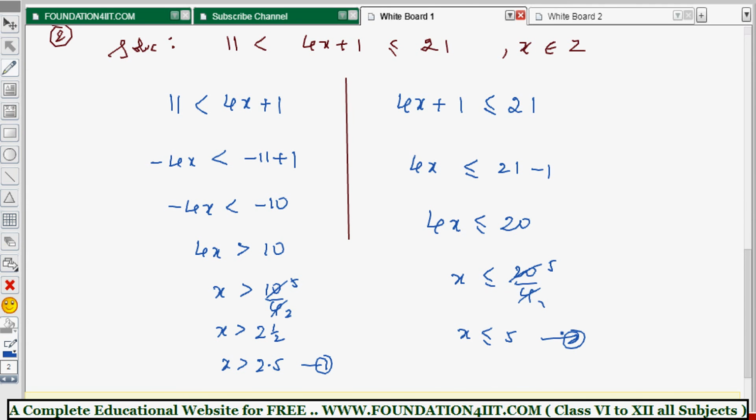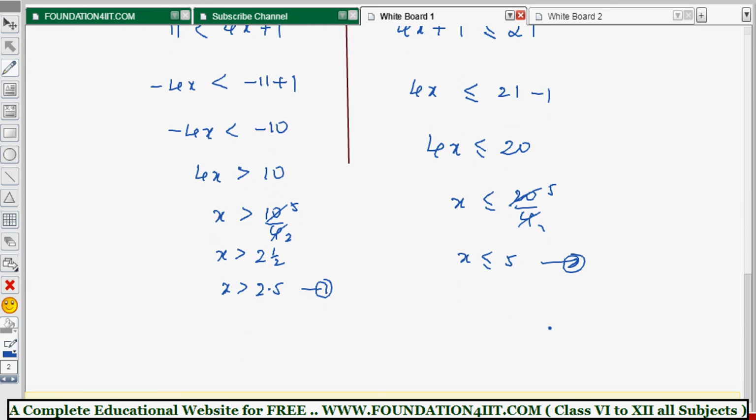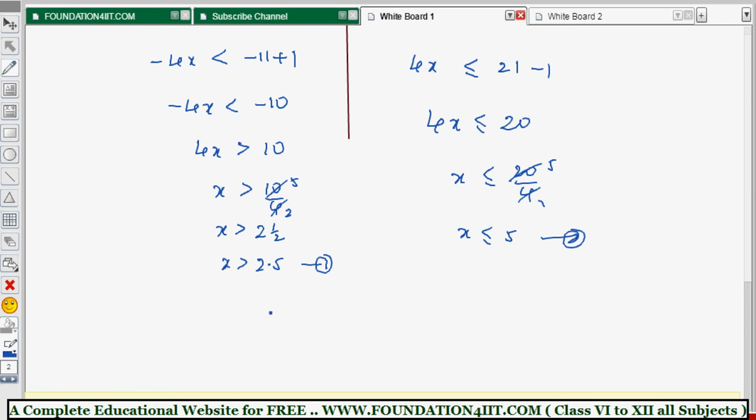Now when you observe both, x is greater than 2.5 and x is less than or equal to 5. X is greater than 2.5 means 3, 4, 5, and so on, but x is up to 5 only. These two conditions must be satisfied for both. So let the solution sets be taken as A and B separately.